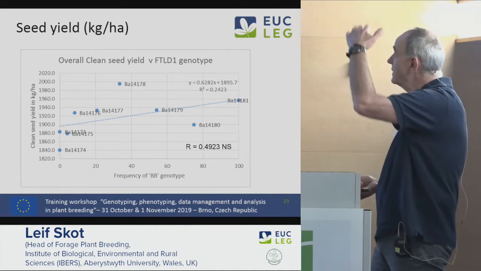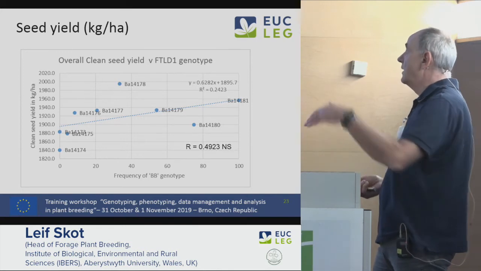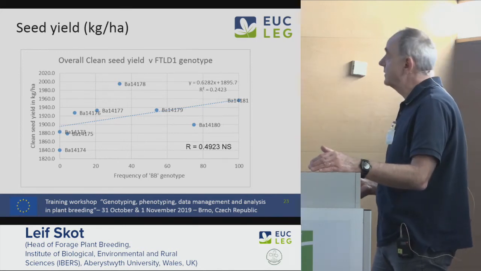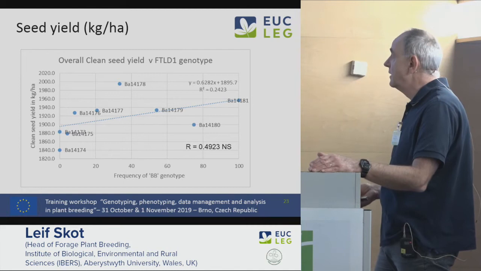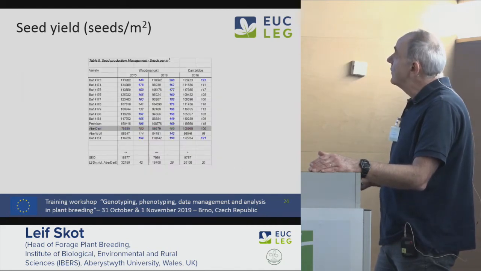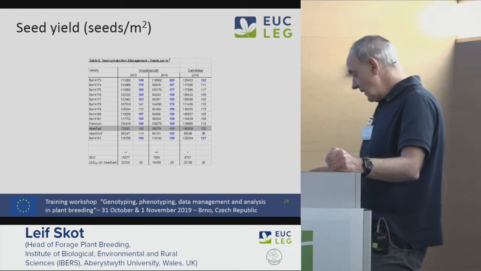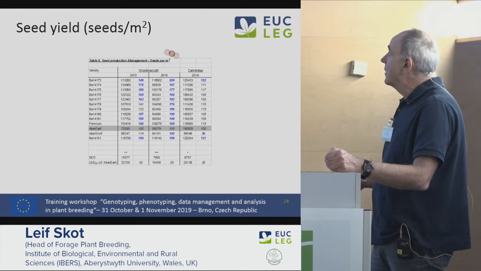There's a slight increase in seed yield in kilograms per hectare as you go along, but it's not a significant correlation. So it's a little bit all over the place. So if you then go to seed yield in seeds per square meter, then there is a correlation.